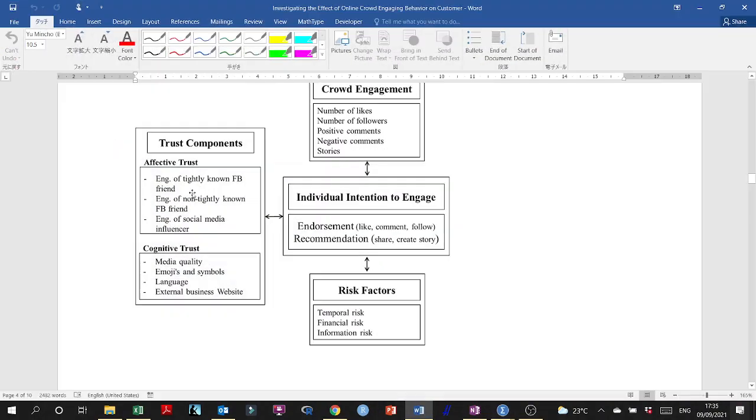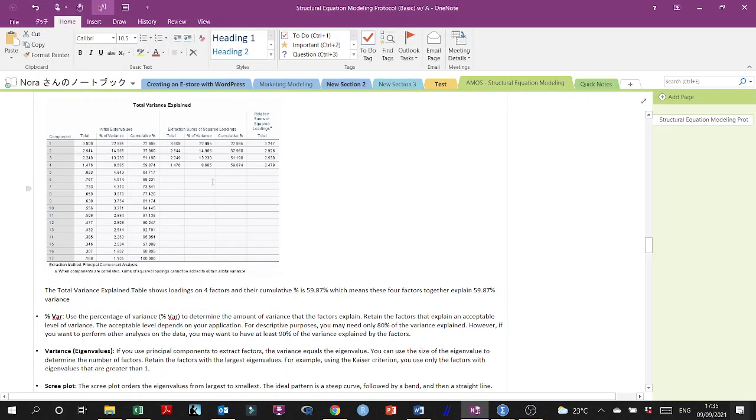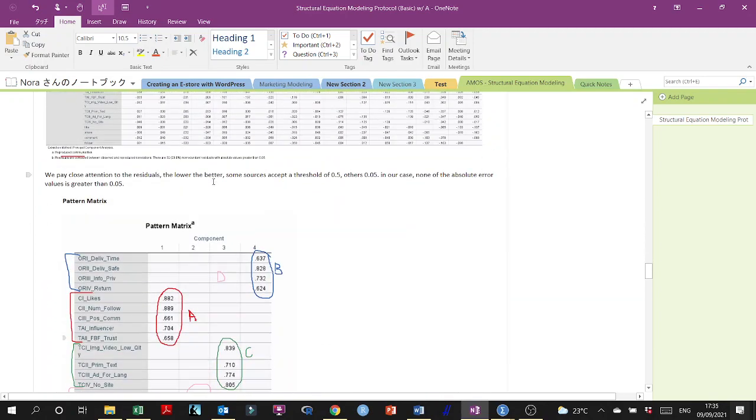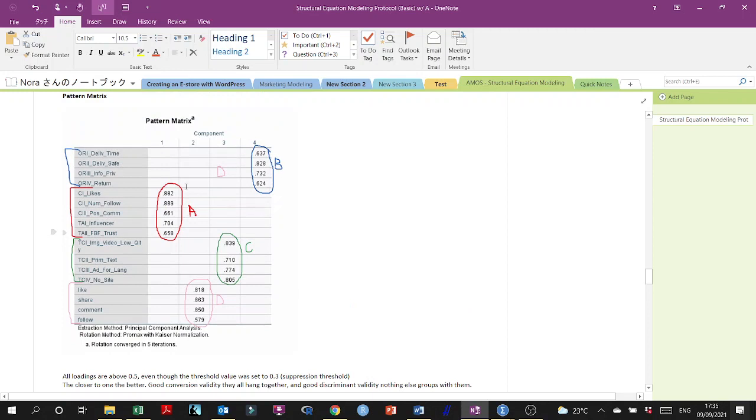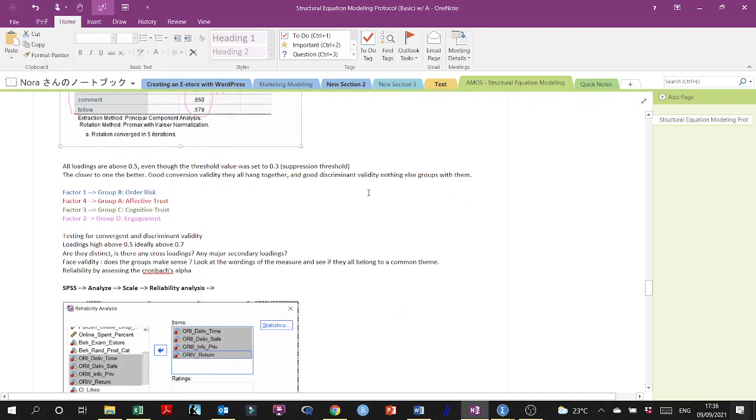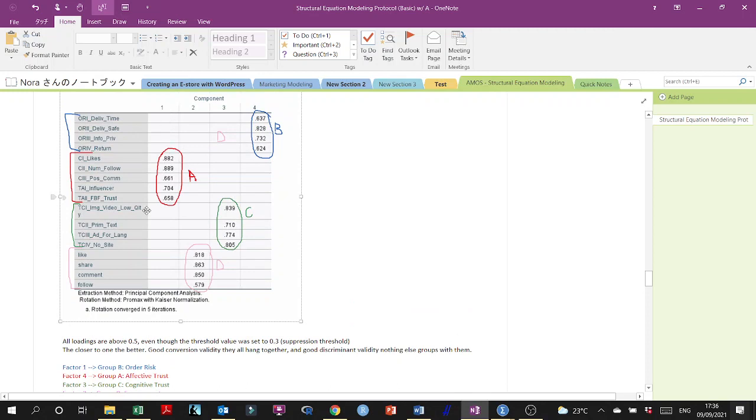Now, over here, I will use this as a factor, all these together as affective trust, all these together as cognitive trust, all these together as engagement, and all these together as order risk.